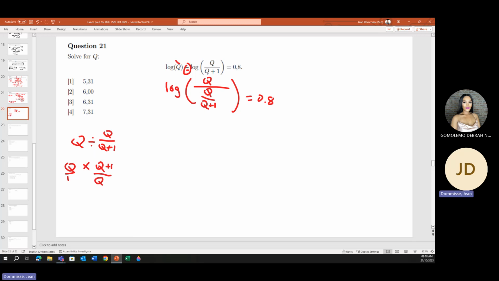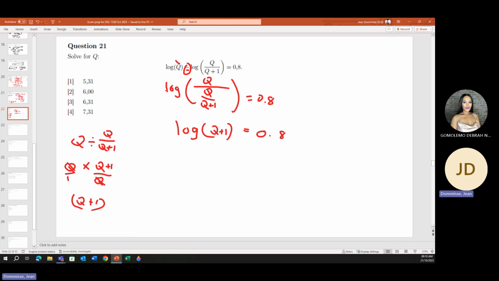So then it becomes, okay, at least now that seems a bit easier. We're only going to work with Q plus 1. So nearly that very difficult equation becomes a much simpler equation: Q plus 1 is equal to 0.8.